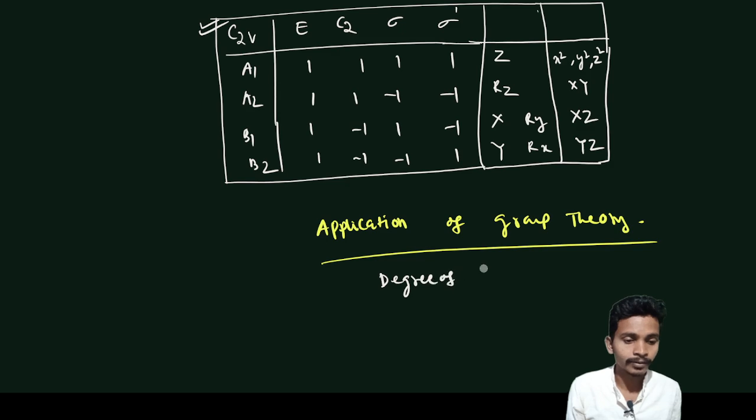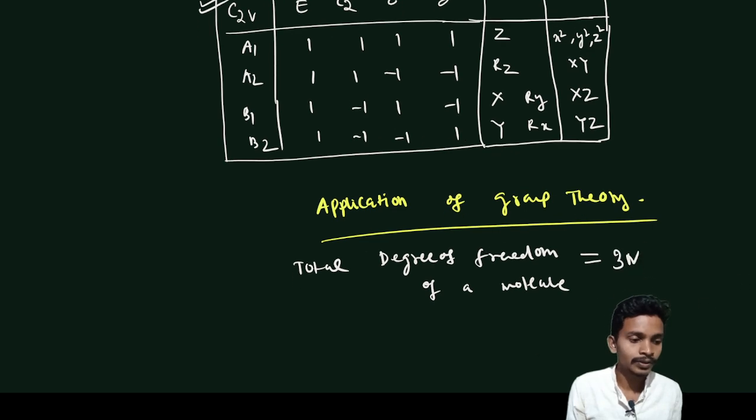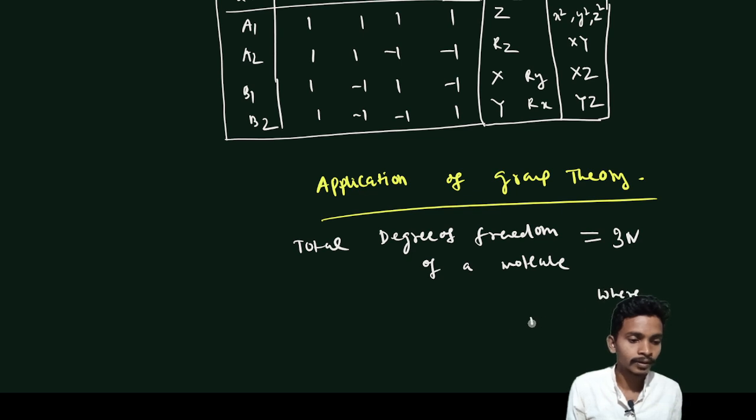The total degree of freedom of a molecule is generally 3n, where n equals the number of atoms present in the molecule.